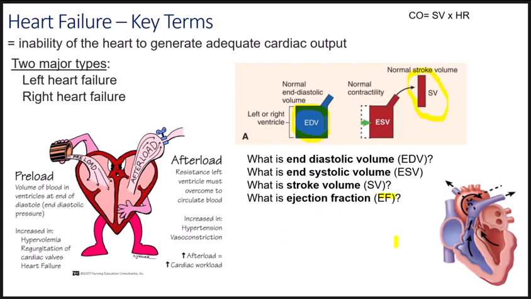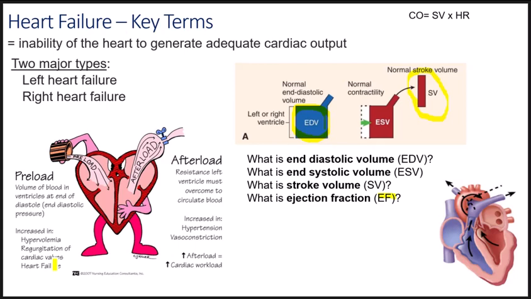fraction. So I can restate that and just say ejection fraction is the proportion of this diastolic volume that is ejected during a ventricular contraction. And what I want you to make note of is that the normal range is anywhere between 55% and 75% in healthy individuals or typical healthy individuals.